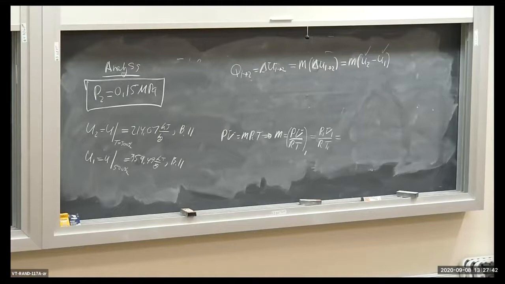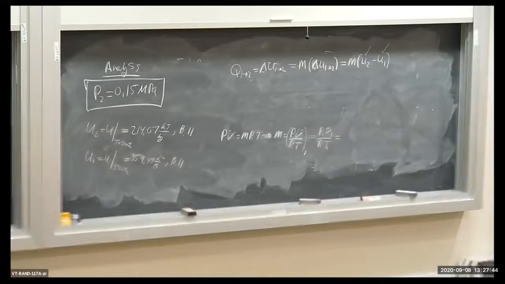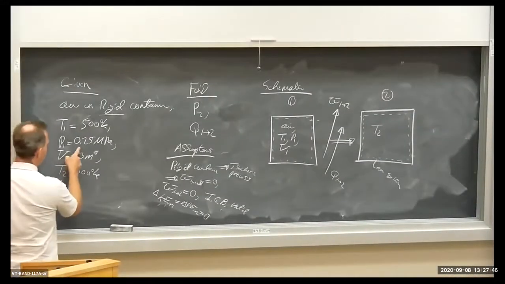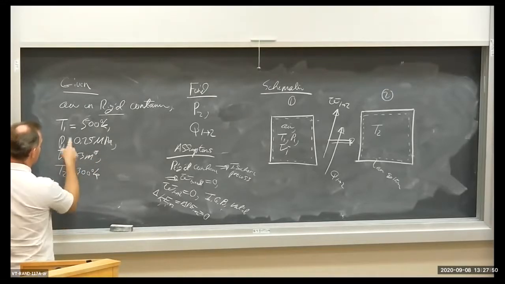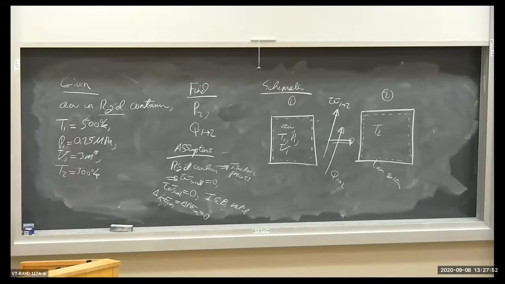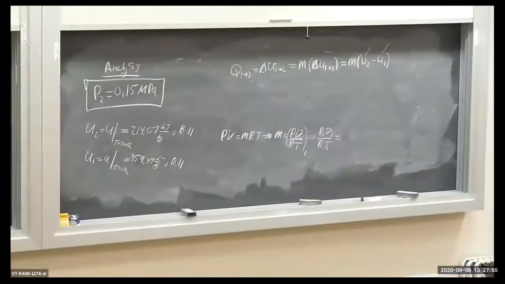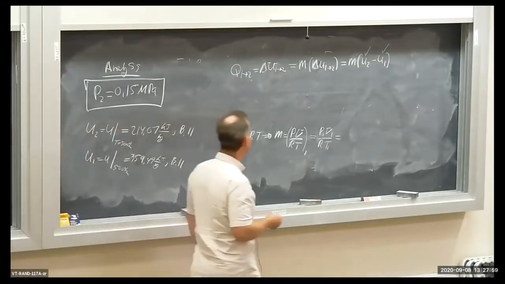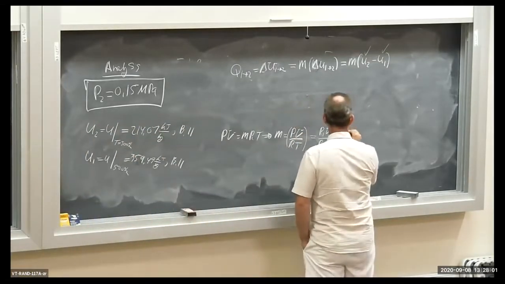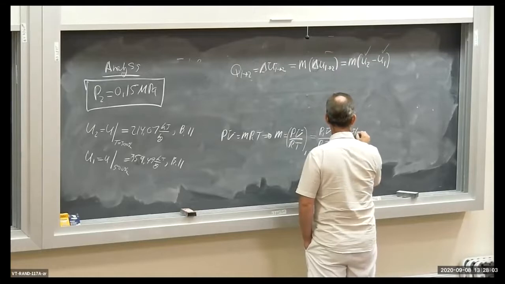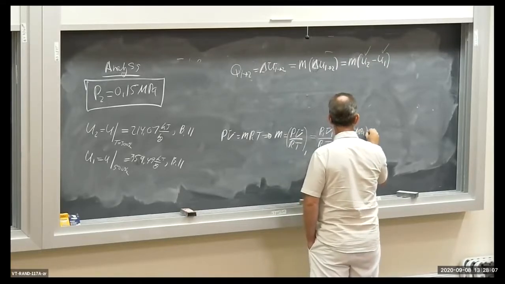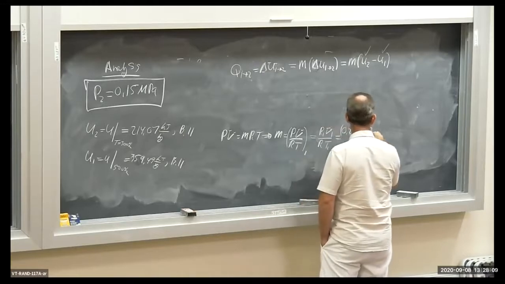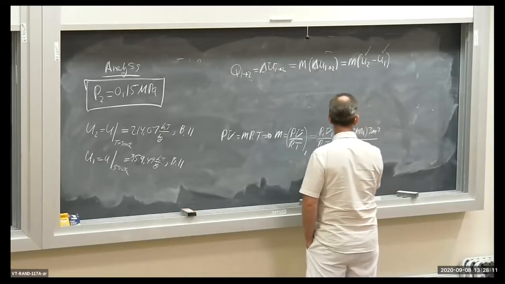They are 0.25 megapascals, 3 cubic meters, and 500 degrees Kelvin. We're going to have to be careful of units here. So 0.25 megapascals, and the volume is 3 cubic meters.